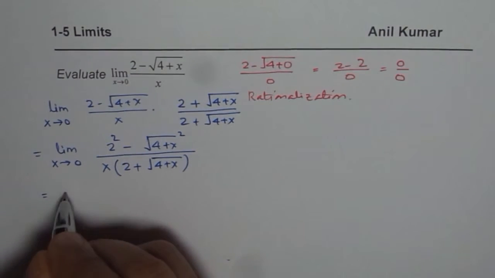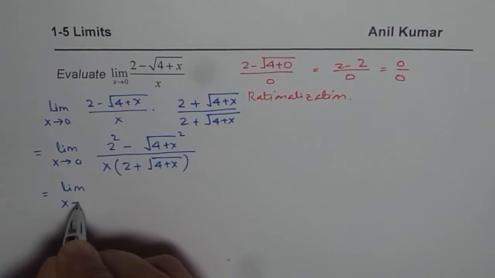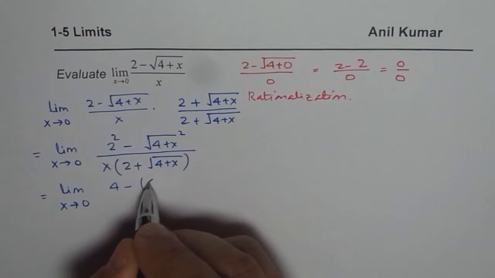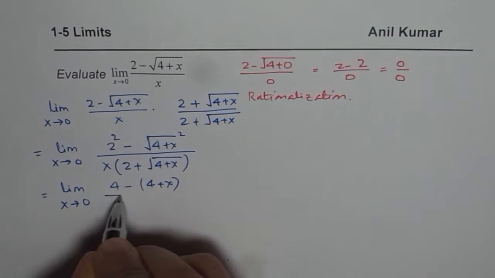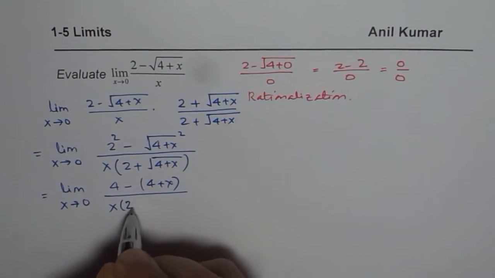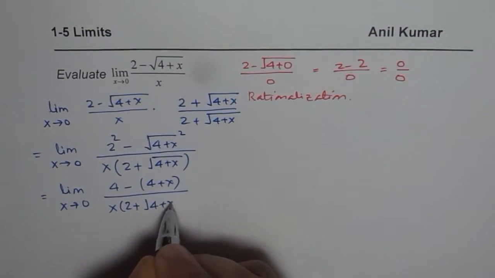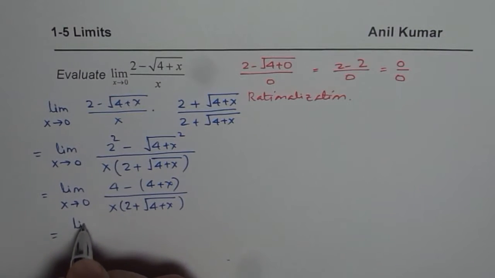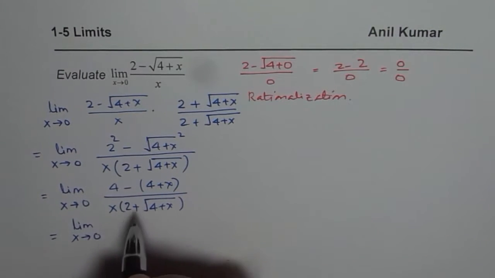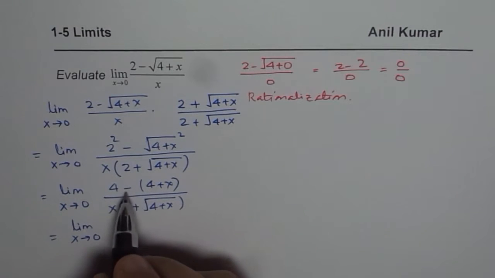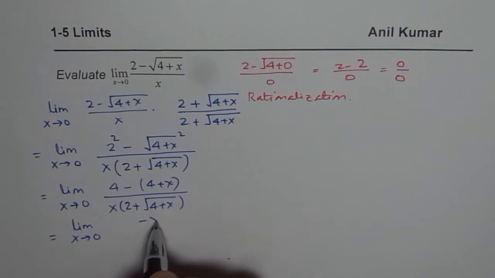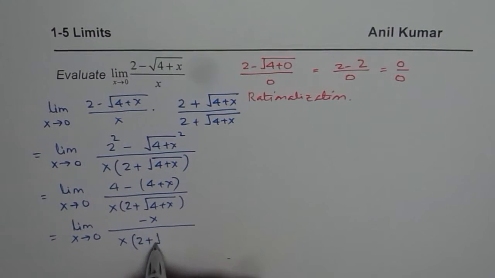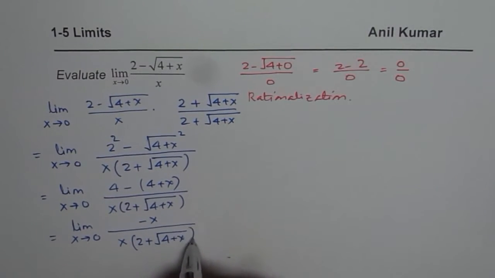Now this gives us the limit as x approaches 0 of 2 squared, which is 4, minus (4 plus x), divided by x times (2 plus square root of 4 plus x), and that is equal to the limit as x approaches 0. In the numerator, 4 minus 4 is 0, and minus plus x gives us minus x, divided by x times (2 plus square root of 4 plus x), right?